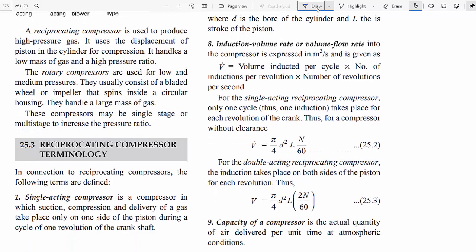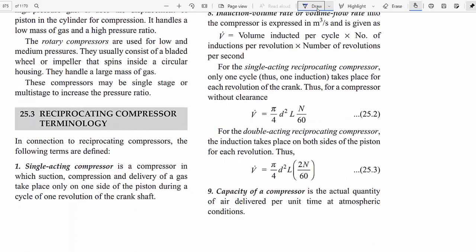Then reciprocating compressor terminology, some common terminology used in a reciprocating compressor. Single acting compressor means it sucks the air in one direction alone. I will explain with the diagram later.